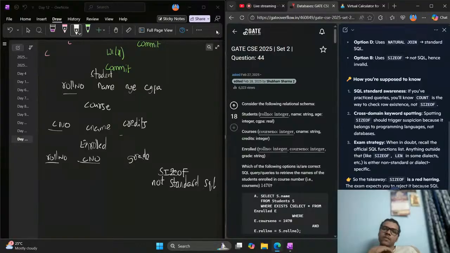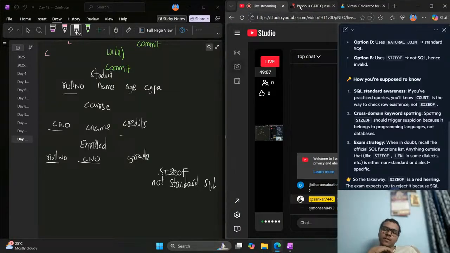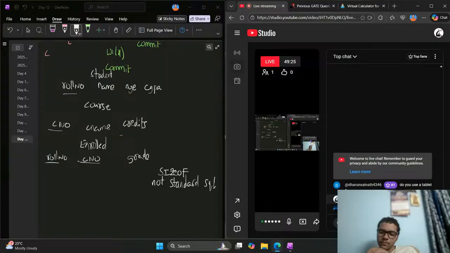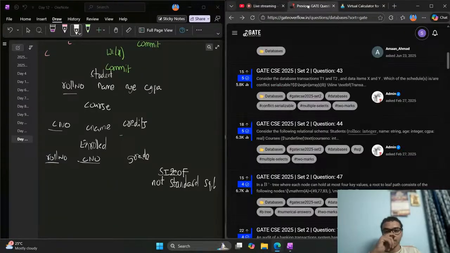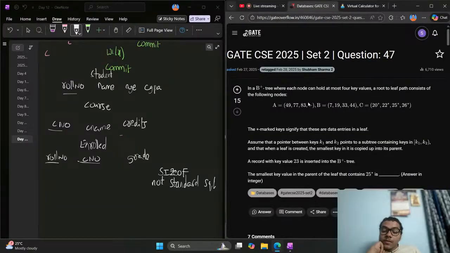You know, count is a way to check row existence. We also did this one where each node can hold at most 4 keys.